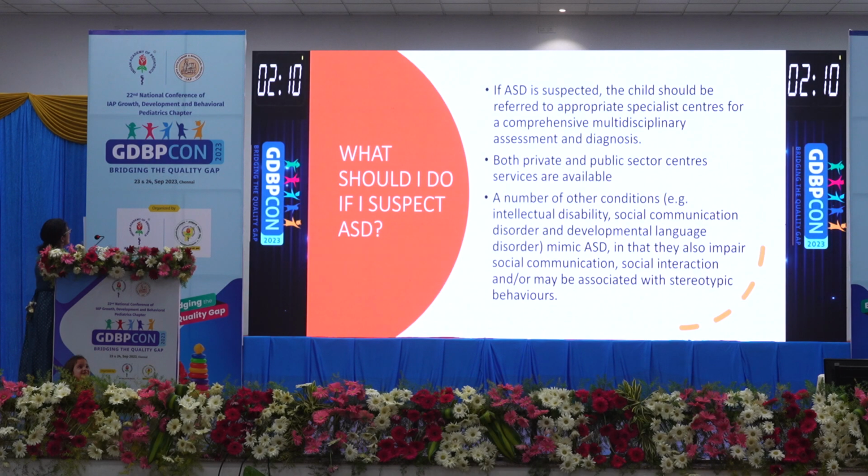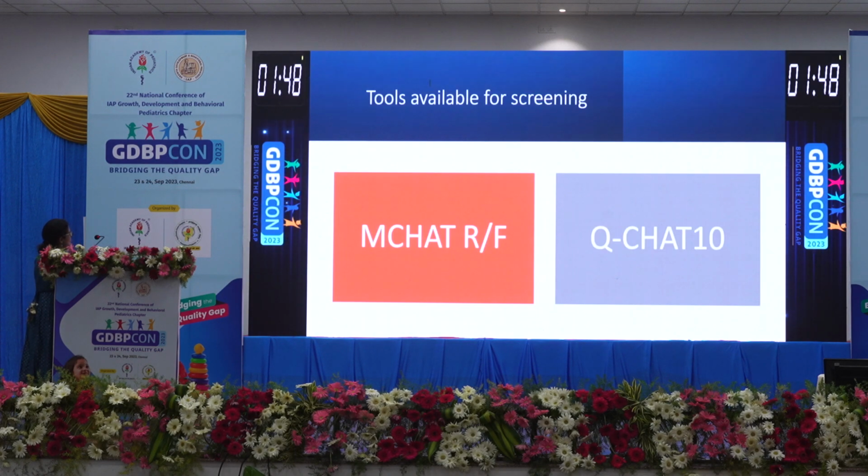And what should we do when we suspect this? We have to refer the child to a comprehensive multidisciplinary team, which is now available in both private and public sectors. There are also a number of other conditions, a lot of autism mimics: intellectual disability, social communication disorder, developmental language disorder. So there are a lot of tools available for screening.